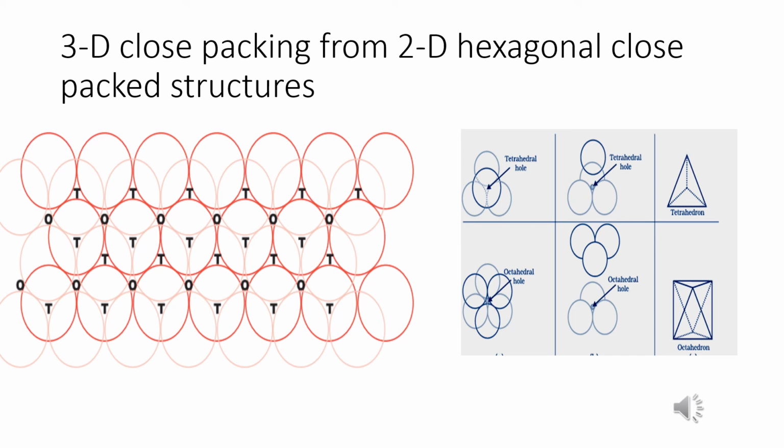Three-dimensional close packing is classified into two types. They are ABC type close packing and AB type close packing. ABC type close packing is observed in face-centered cubic crystal, and AB type of close packing is observed in hexagonal close packing.